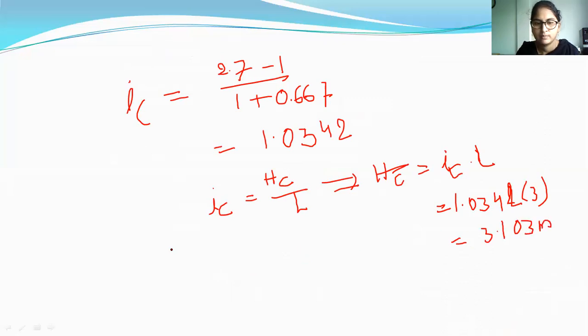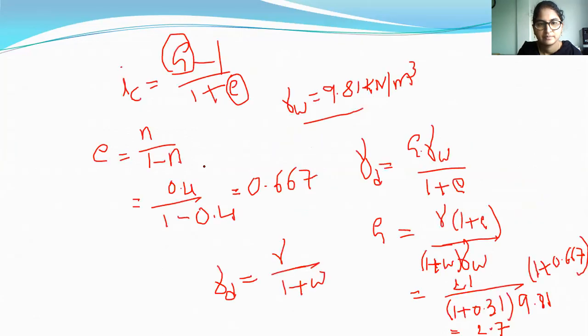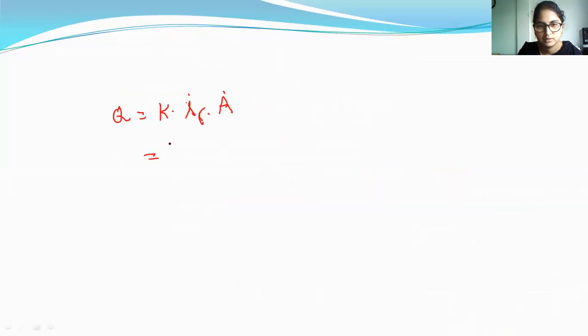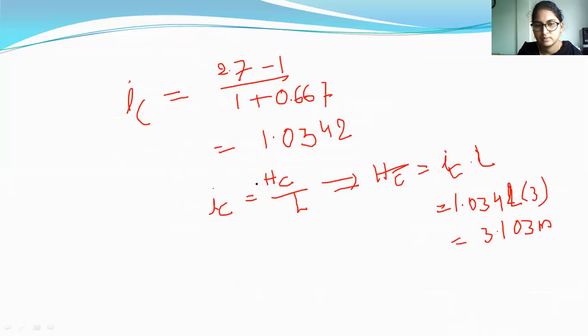Now Q is equal to K I A. In the place of I, we can substitute I suffix C. What is the value of K? 3 into 10 to the power of minus 7. 3 into 10 to the power of minus 7 into I suffix C. Critical hydraulic gradient H suffix C is equal to 3.103.